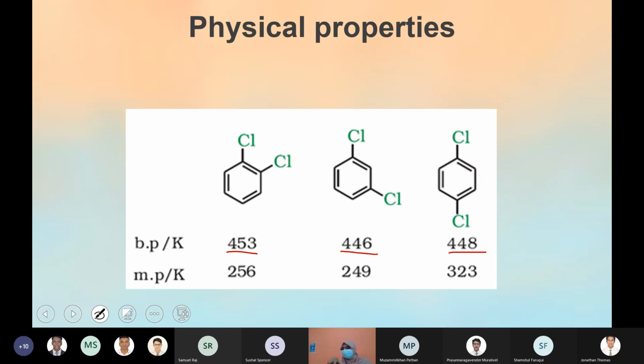Boiling points are 453, 446, 448, comparable. But for melting point you can see 256, 249, and the para is having 323.